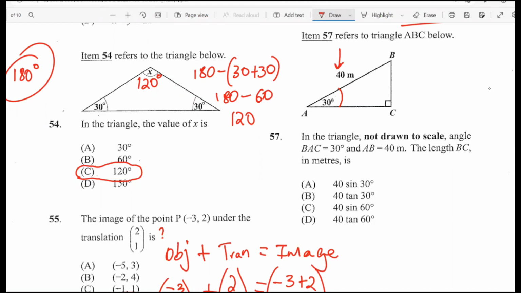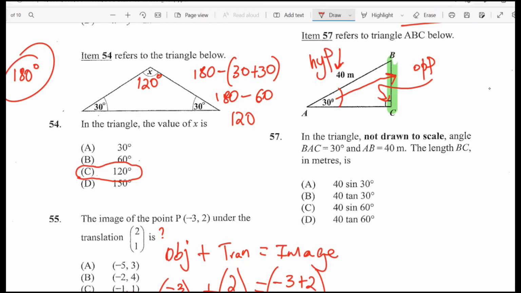All right, so let's check this out. We want to find the length BC, which is this side here. It's a right angle triangle noted here. So what we want to do is simply apply the trig ratios. The side that we're asked to find is opposite to the angle. So we have the opposite in the mix, and then we have the hypotenuse in the mix. So it is sine.